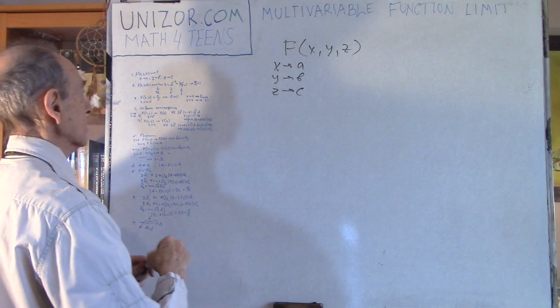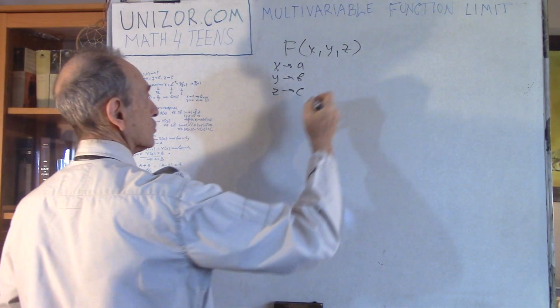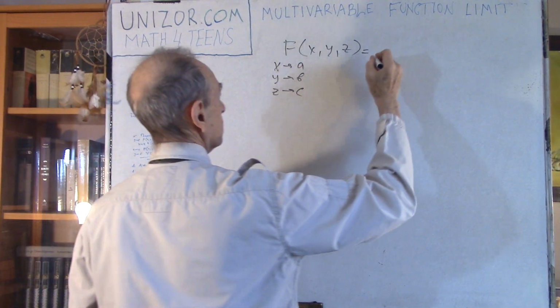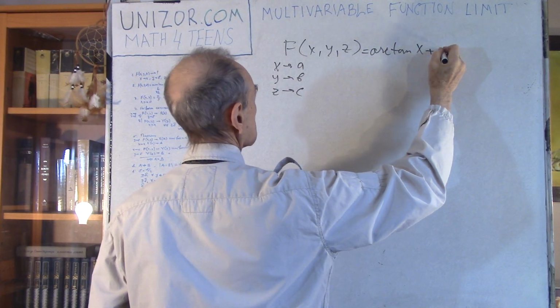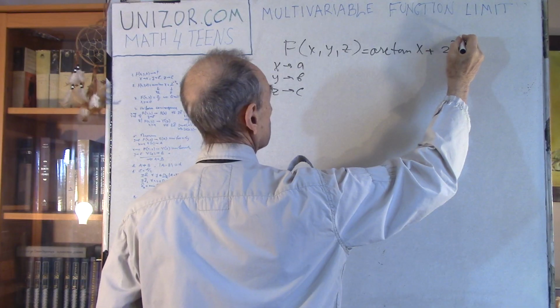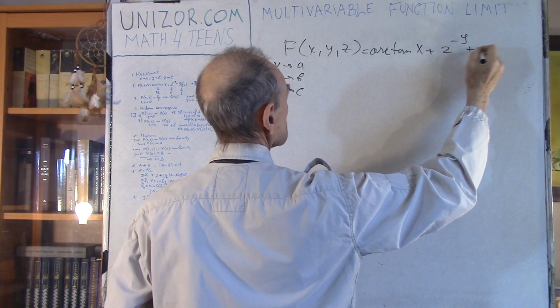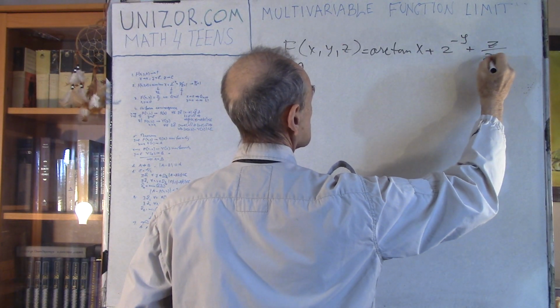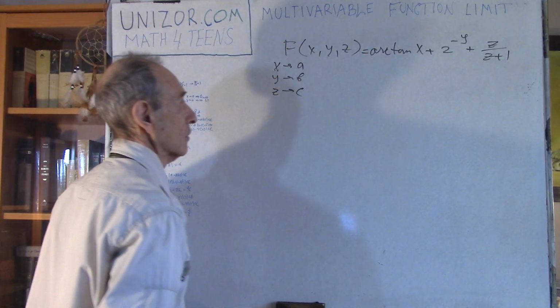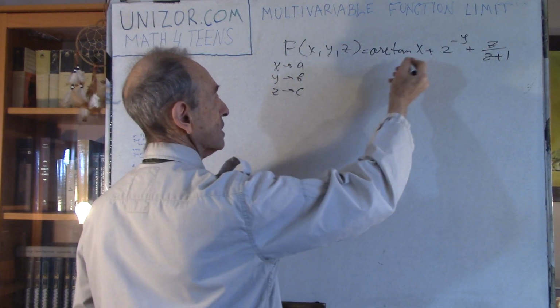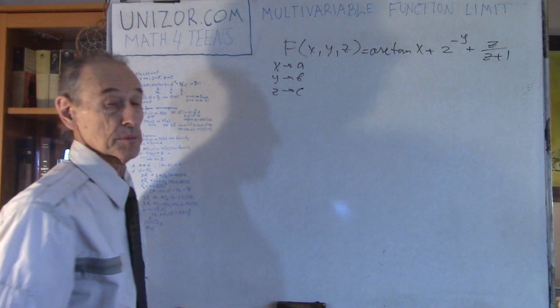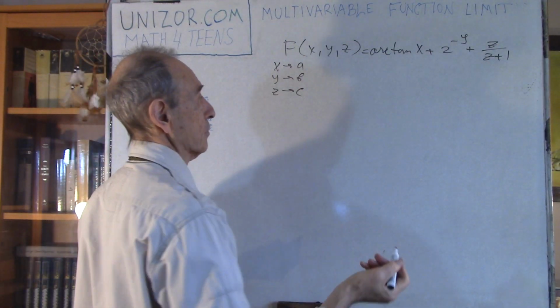Well, let me just give you an example. If you have a function arctangent x plus 2 to the power minus y plus z over z plus 1. Now, if all of these x, y, and z go to, let's say, plus infinity, what happens?